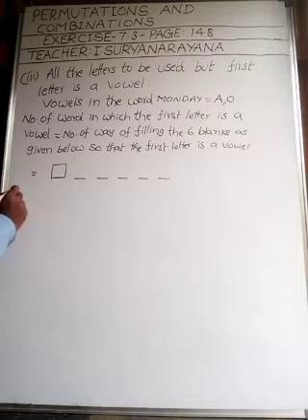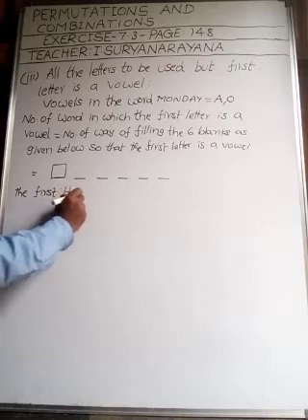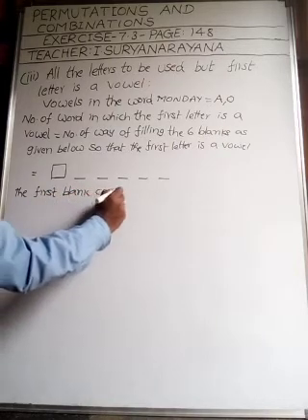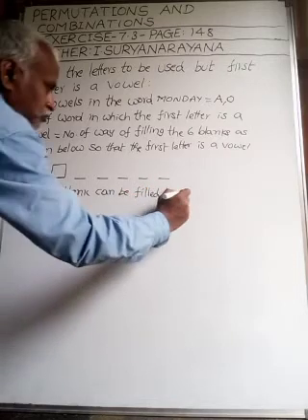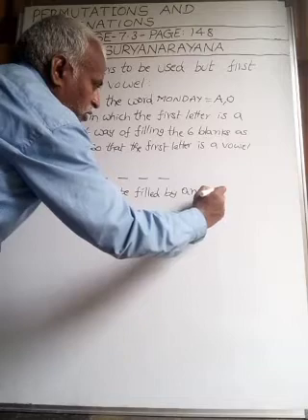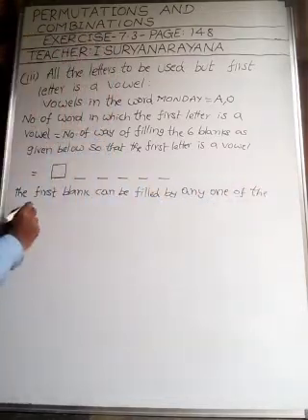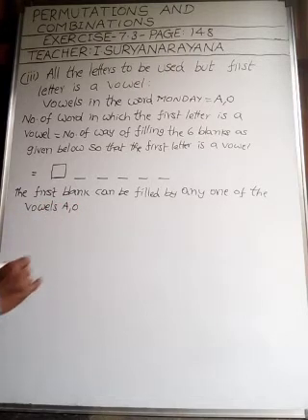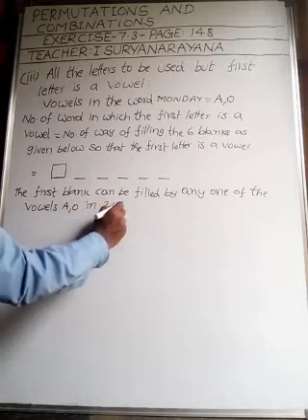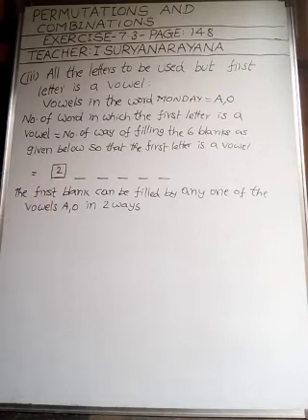So the first blank can be filled by any one of the vowels A, O in 2 ways. Yes or no, my children? In 2 ways we can fill the first blank.